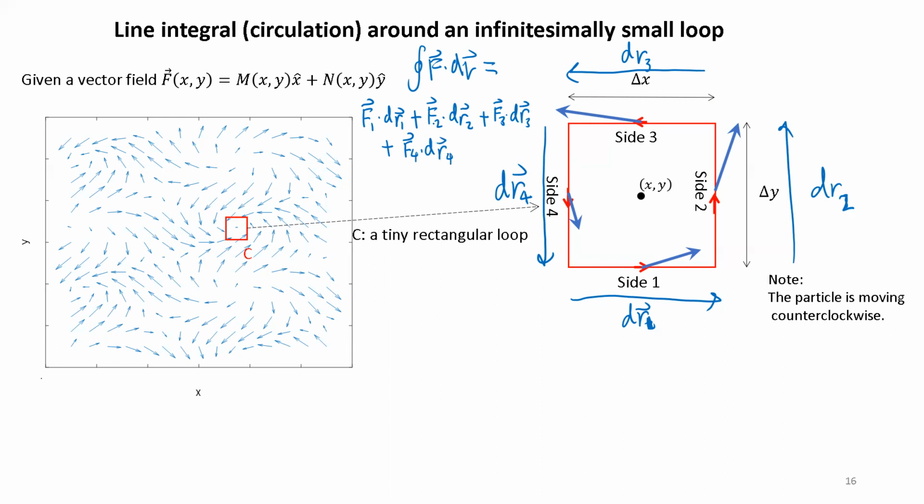Because the loop is so small, it's the sum of the contributions of these four tiny line segments.